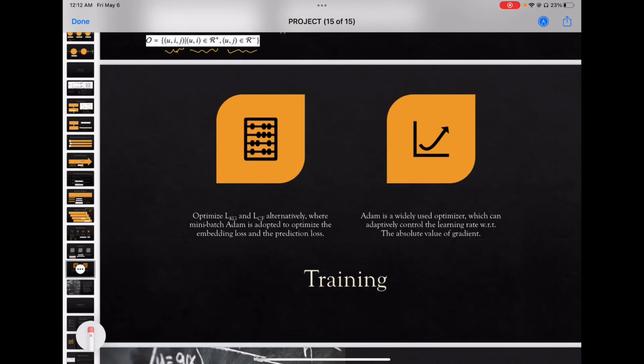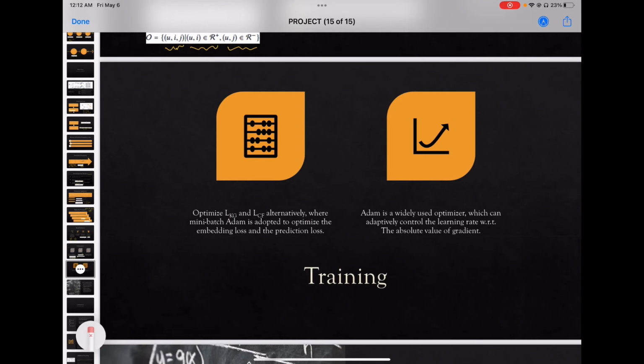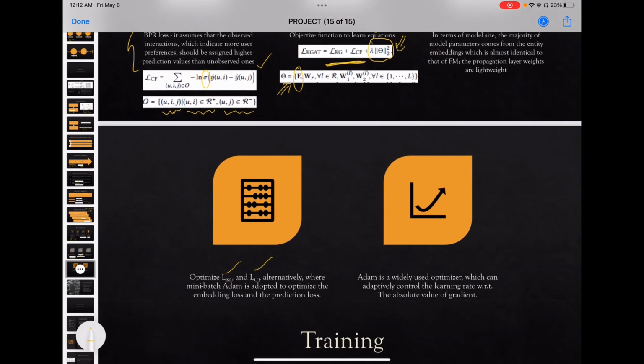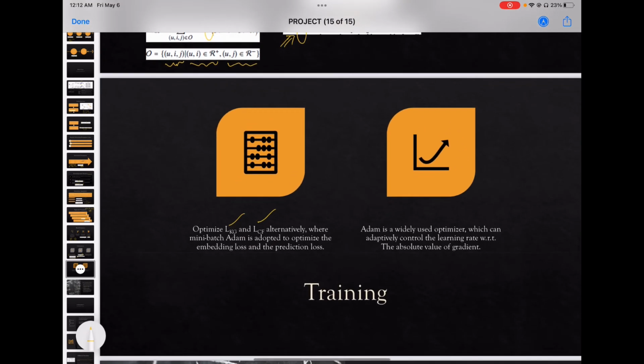We optimize LKG and LCF alternatively in this equation here, where mini-batch Adam is adopted to optimize the embedding loss and the prediction loss. Adam is a widely used optimizer which is able to adaptively control the learning rate with respect to the absolute value of the gradient.